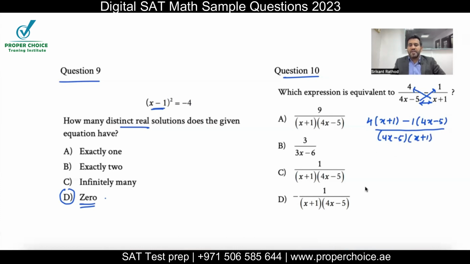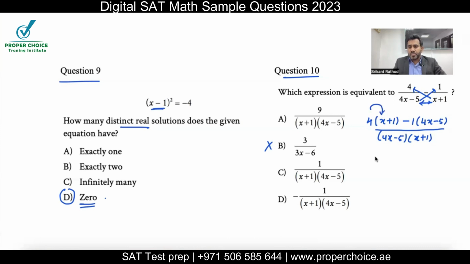One thing is sure: the denominator will be 4x minus 5 times x plus 1. B will not be the choice. Answer may be either A, C, D. So let me simplify the numerator further and see what we get.